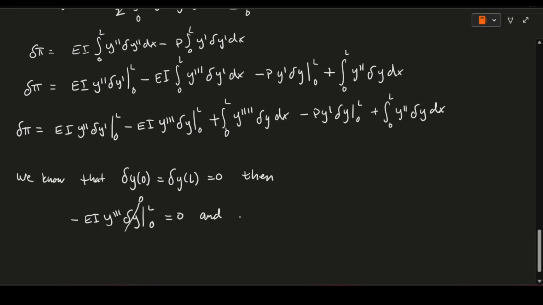And minus P y prime del y from 0 to L is 0, so this part is 0 because of the boundary conditions.